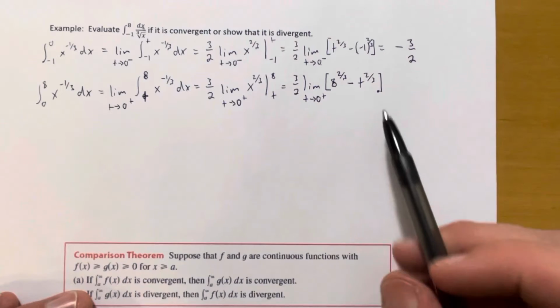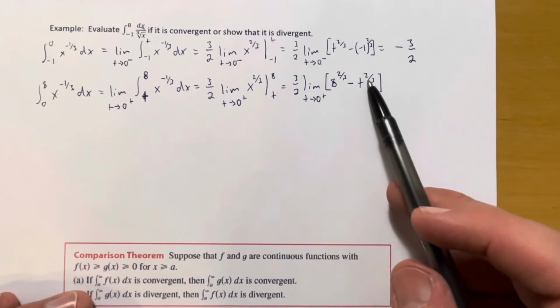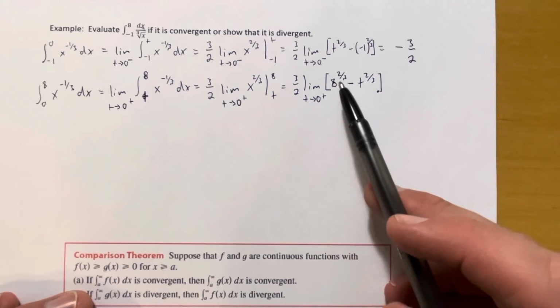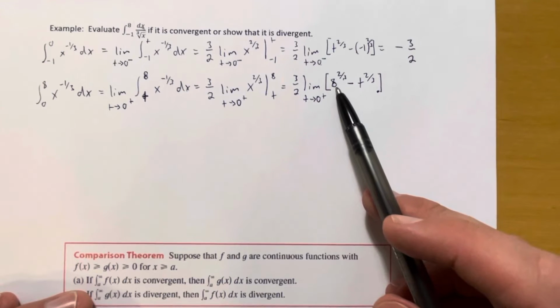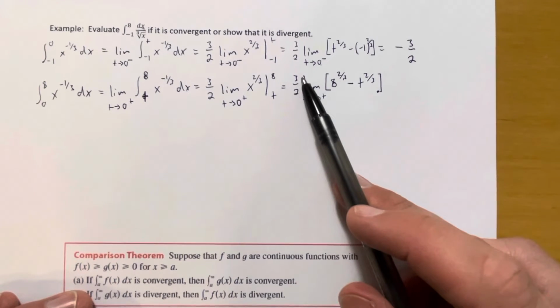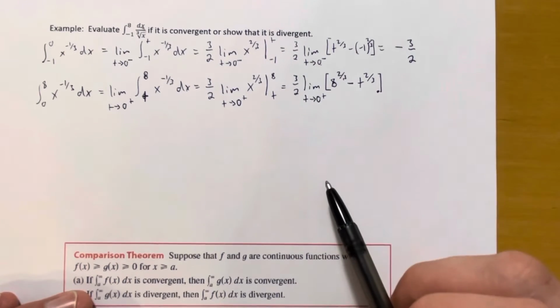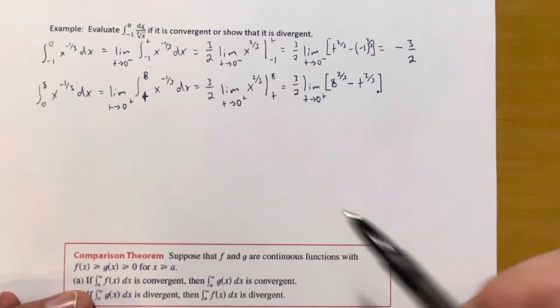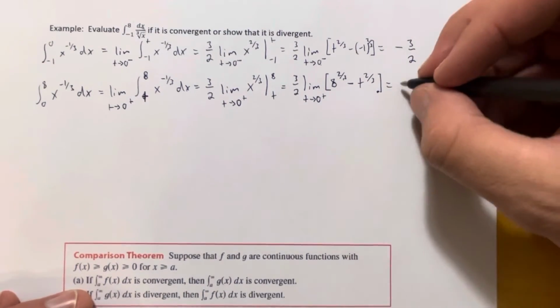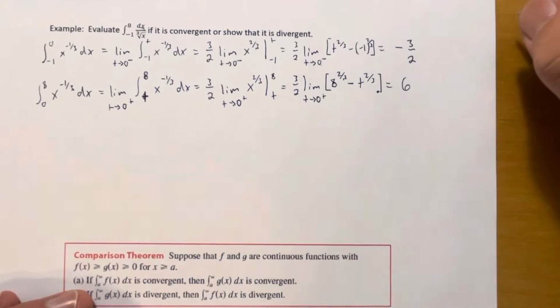As before, we saw that this goes to 0 when we evaluate that limit. 8 to the 2/3 power is equal to 4. And if I multiply 3/2 times 4, I would get 6. Okay? So that is going to become 6.